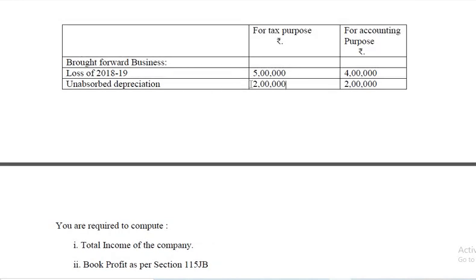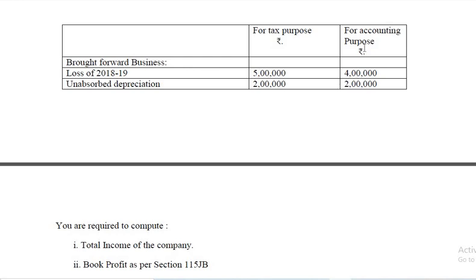Unabsorbed depreciation can be set off against any head, but brought forward business loss should be set off only against business income. Okay, this is about computation of business income and adjusting these things against it.